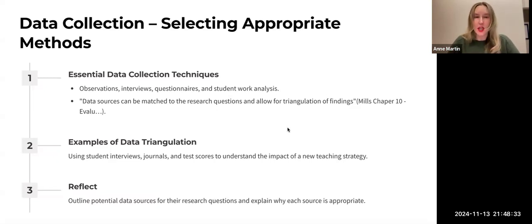When you are discussing your findings in your data analysis and data interpretation, referring back to the data sources that you used to come up with those findings can be helpful. And there are some good visuals in this chapter about how to do that as well.